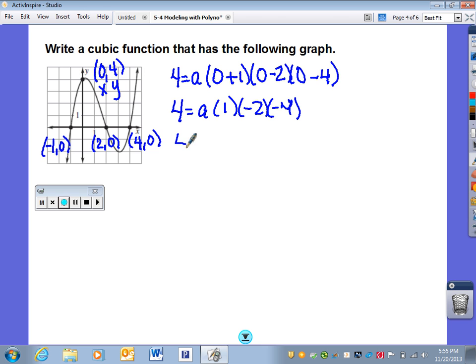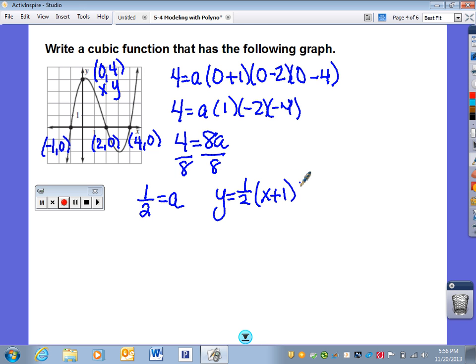So we have 4 is equal to 8a, and when we divide both sides by 8, our leading coefficient is 1/2. So if we write the equation for this cubic function, we have y equals our leading coefficient of 1/2, and then we have x plus 1 as our first factor, x minus 2 as our second factor, and x minus 4 as our third factor.